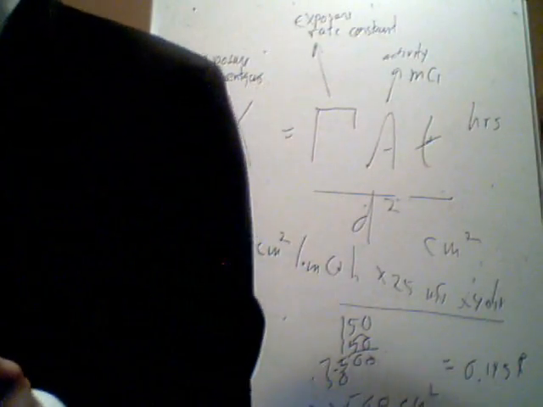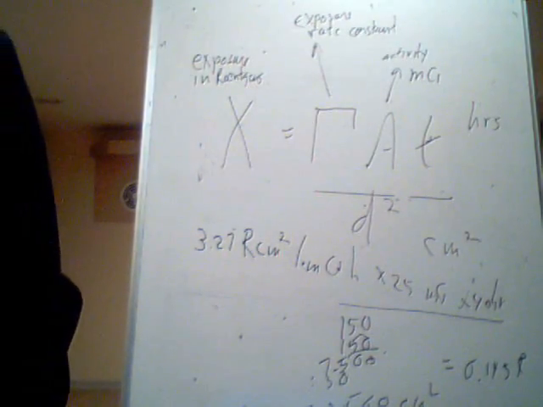I don't have my calculator here. That's 22,500 square centimeters, and that's going to come out to 0.145 Roentgen, which is 145 milliroentgens. So that is how you do that kind of a problem.